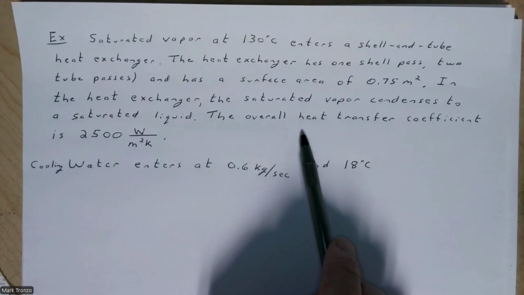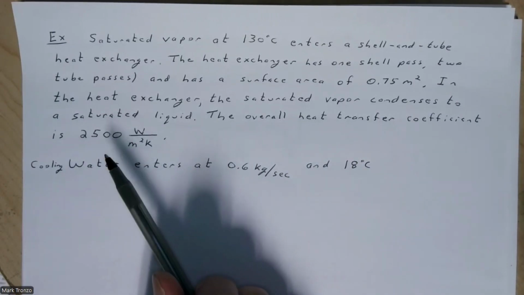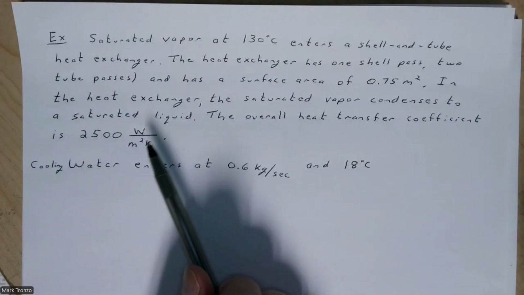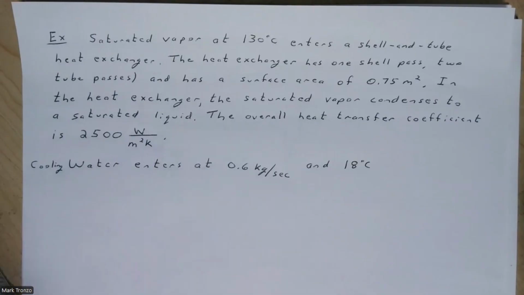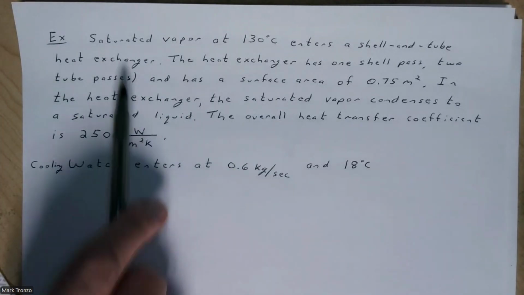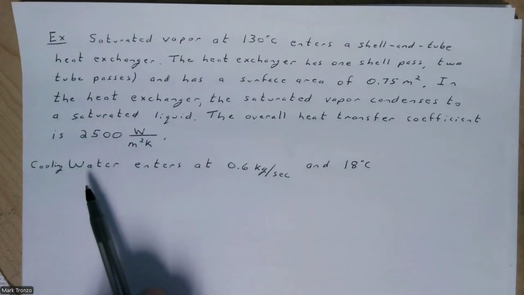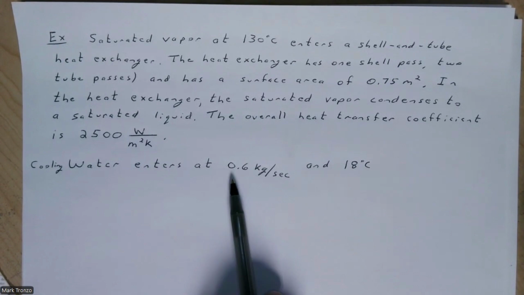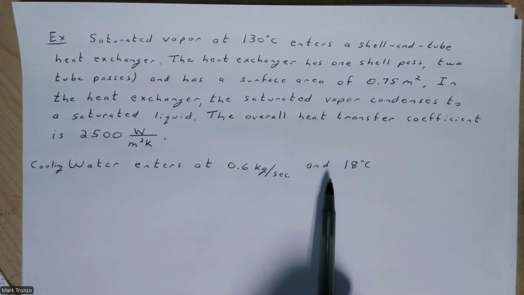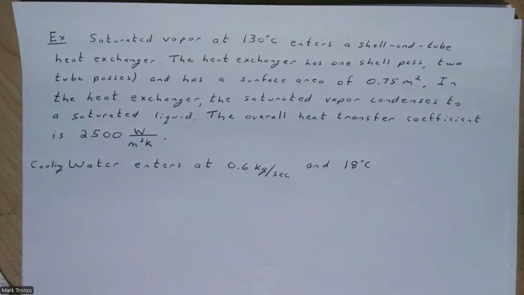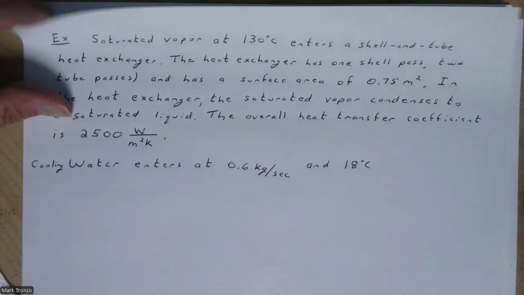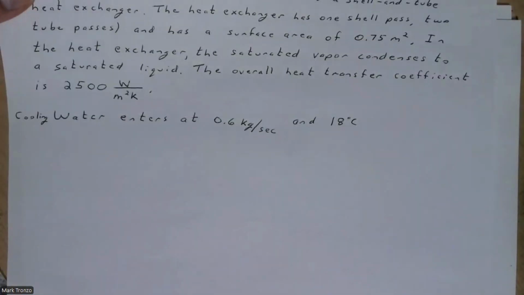The overall heat transfer coefficient is 2,500 watts per meter squared K. Cooling water is what's going to cause the steam to condense, and cooling water enters at 0.6 kilograms per second and 18 degrees Celsius. So let's take a look at this.